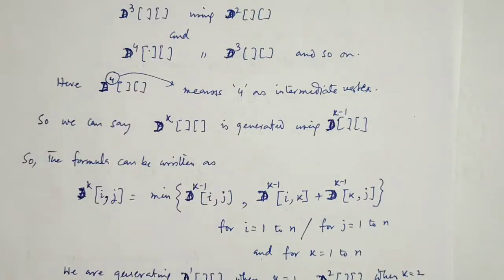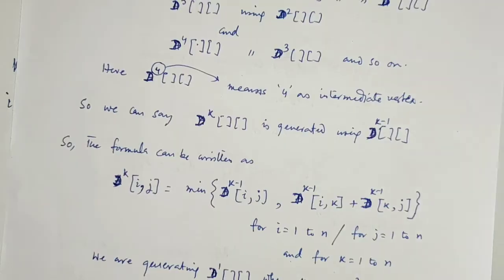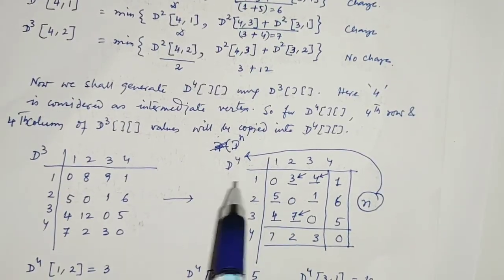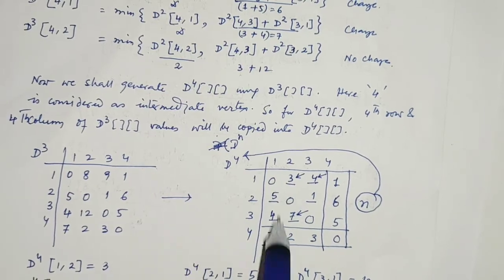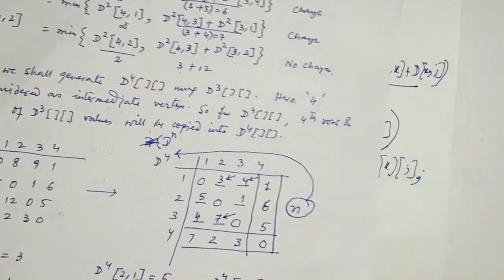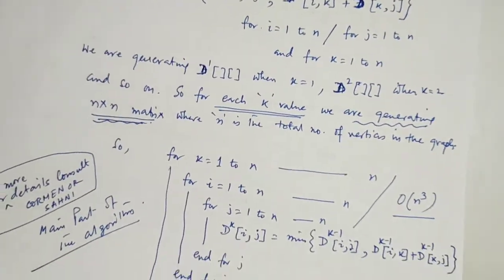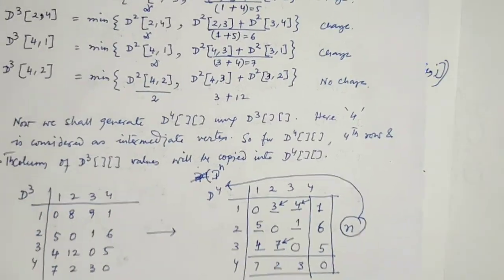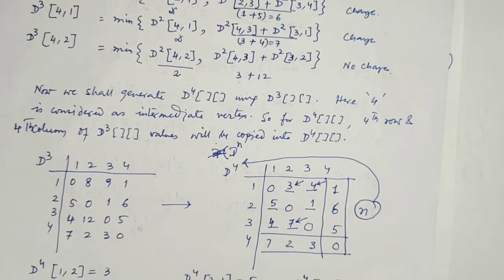From d3 you can derive d4. So d4 means k equals 4 actually, as far as the code is concerned. I also mentioned this here. So when k equals 4 is complete, you will get the final d4.